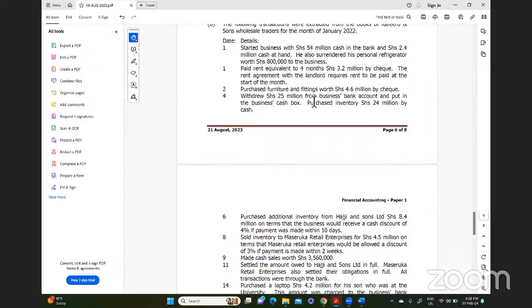We are having resources that we are using to start the business. I can also add the other one because all of them are pointing towards the same thing. Because he's also surrendering his personal refrigerator worth 800,000 to start the business.